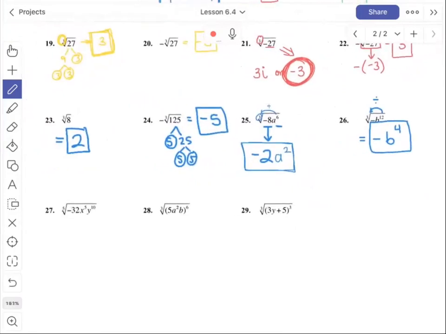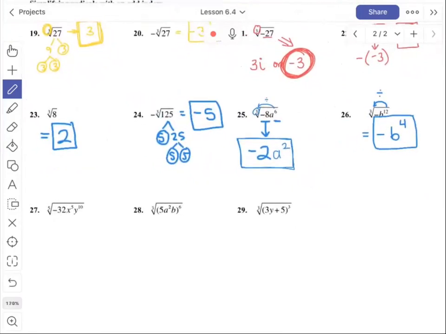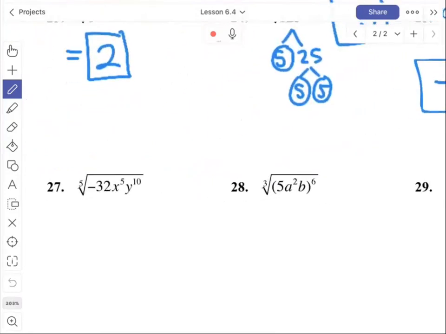All right. And then 27, I'll show this one. All right, starting with the -32. Because the index is odd, I just know my final answer is going to be negative. 32, I could break that down to be 4 times 8, 2, 2, and this is 2, 2, 2.